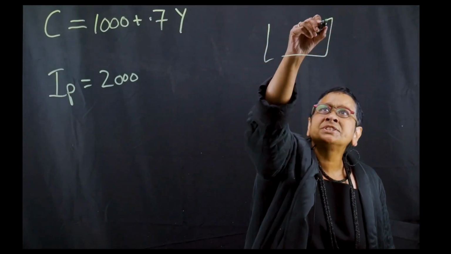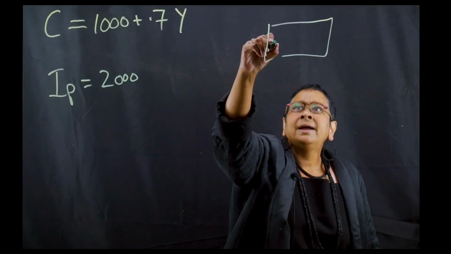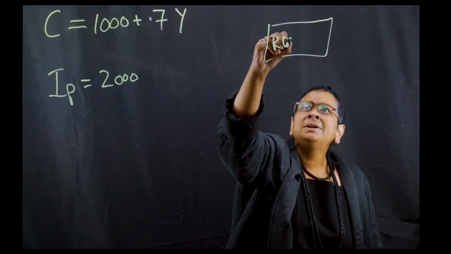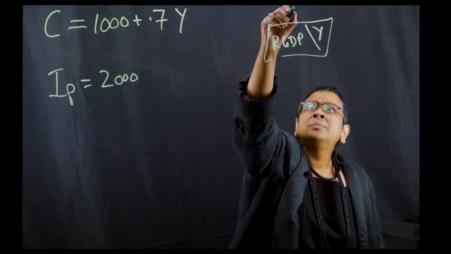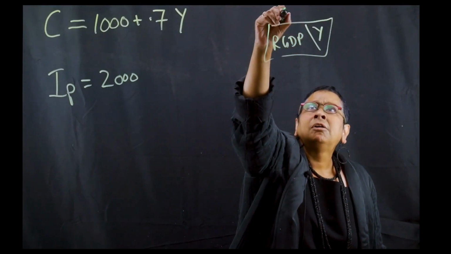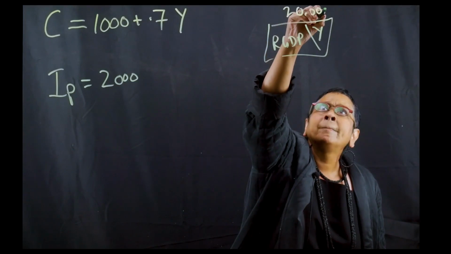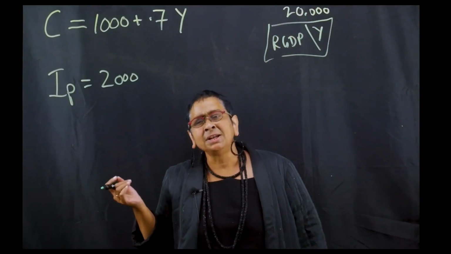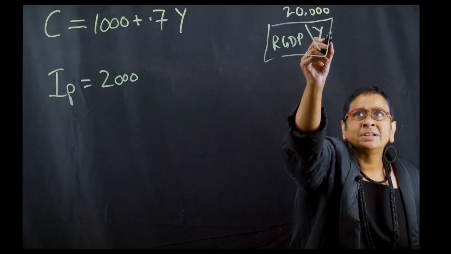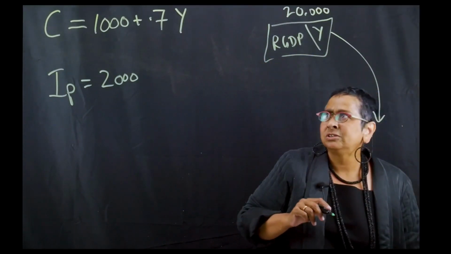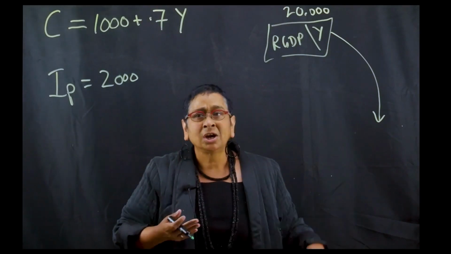Now, let's just see what's going to happen in this economy. Let's say that I'm beginning with a production level of 20,000. Right. So if I have a production level of about 20,000, that becomes about 20,000 of income by definition to people, and it goes to households.